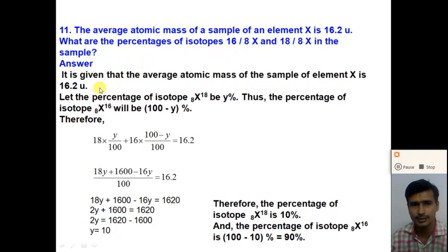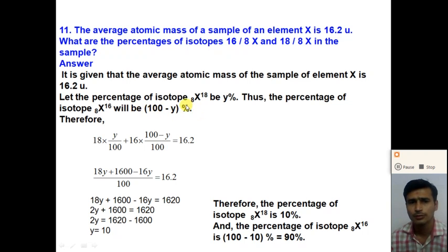Let us assume that the percentage of the isotope X-8-18 is Y percent. So the percentage of X-8-16 will be 100 minus Y percent.